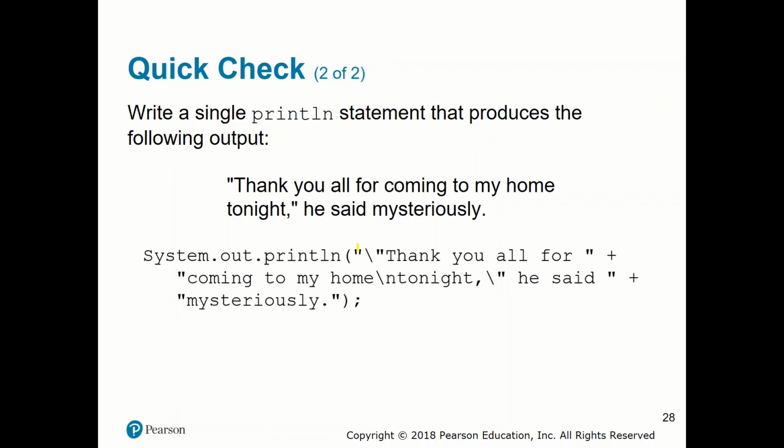Before thank, you need a double quote, and you use this plus operator to concatenate strings. And after tonight, there is also a double quote. So after tonight, there is an escape sequence for the double quote. And my home, enter, tonight. So \n should be here. So this is all for section 2.1.